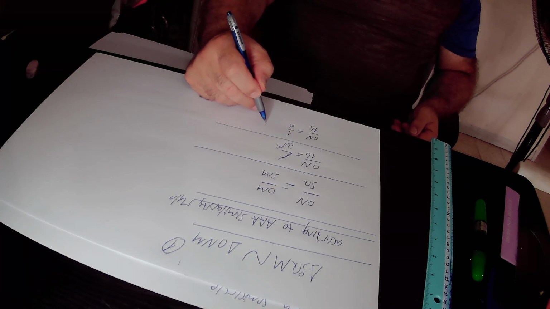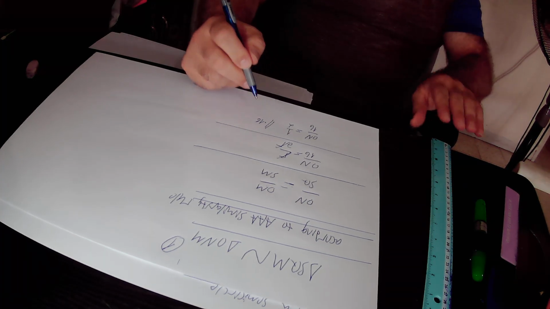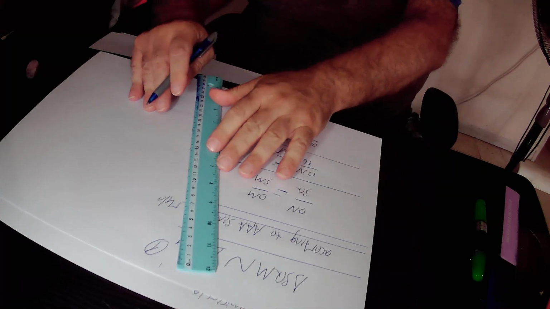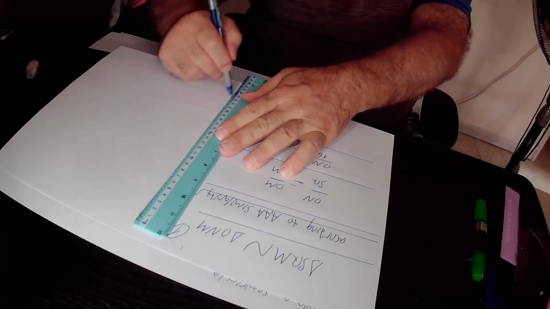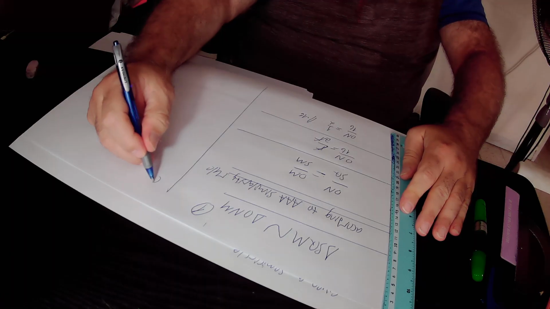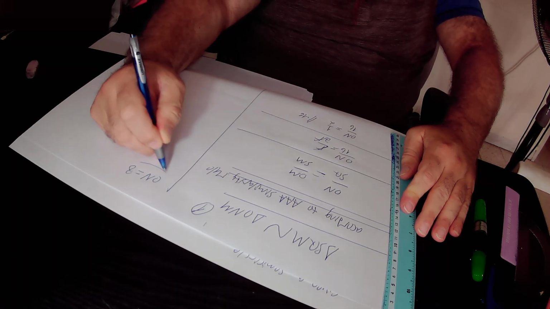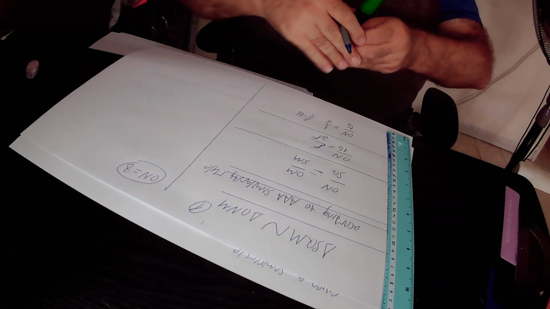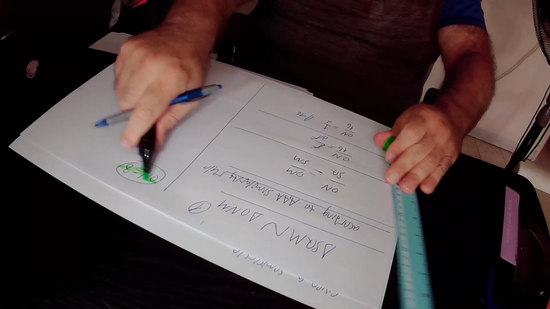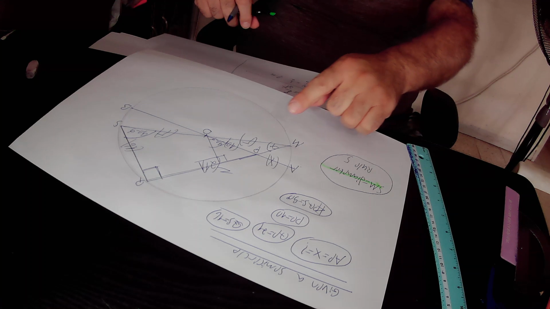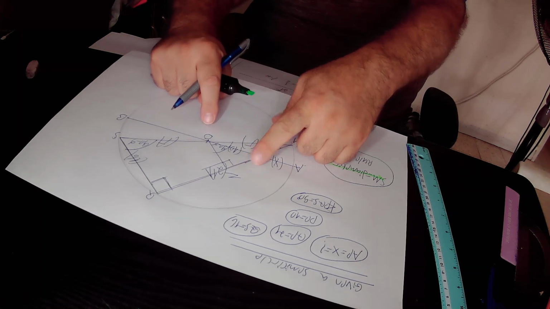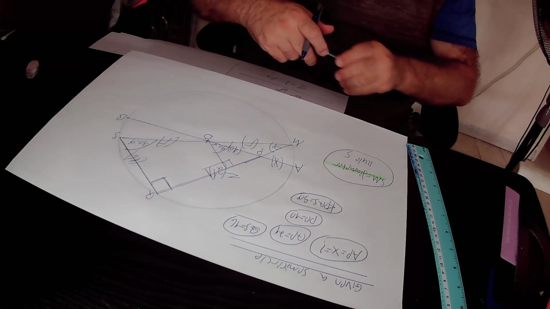Here we will multiply this equation by 16 and finally we get that the missing side ON is equal to 16 over 2, that is 8. So this missing side ON is equal to 8 units in length.